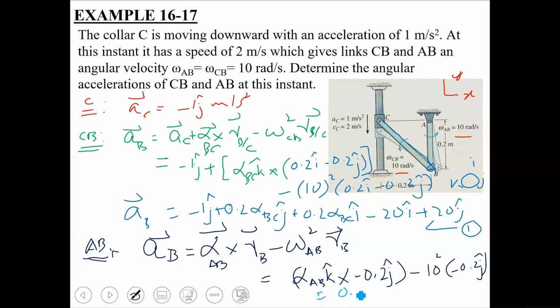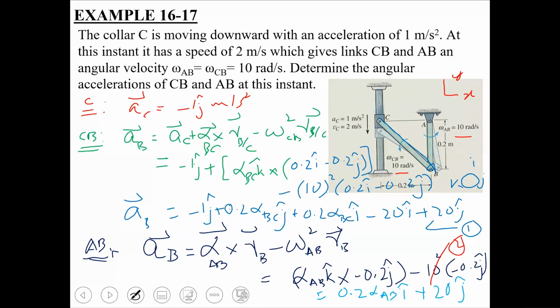So 0.2 alpha AB i ये आपके पास एक टर्म हो जाएगी, and the second term would be minus minus plus हो जाएगा, 10 square which is 100 into 0.2, so 20 j आपके पास आ जाएगा, so plus 20 j. So let me call it equation number 2. ठीक है, तो ये आपके पास दो equations आ गई हैं.